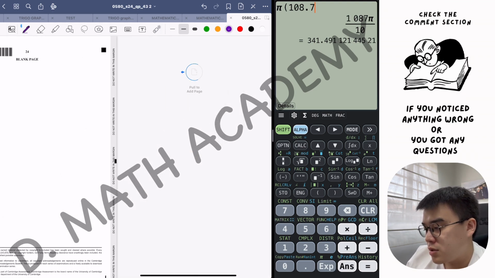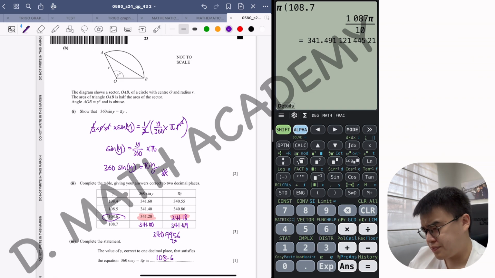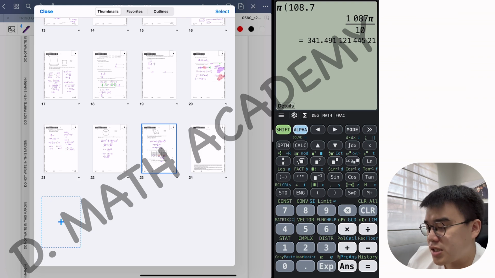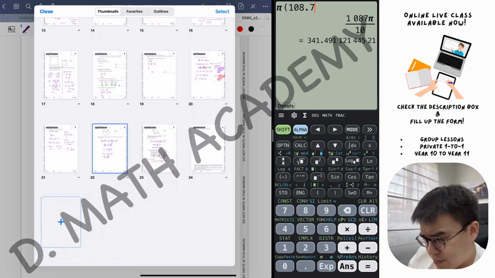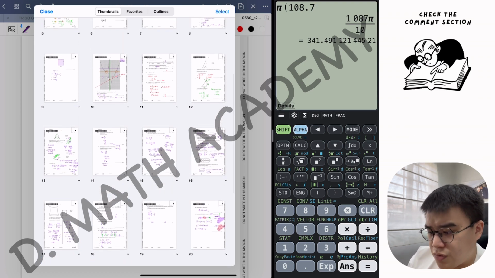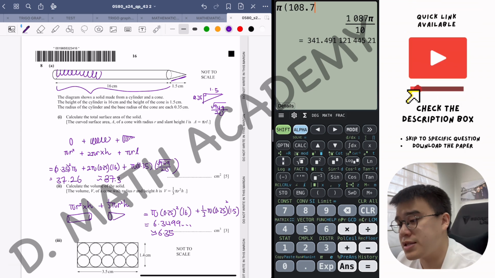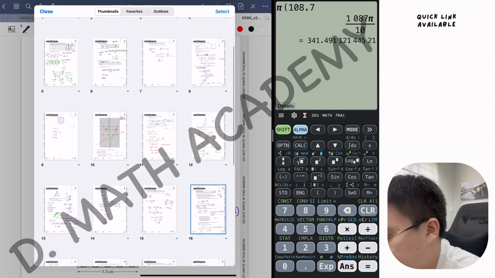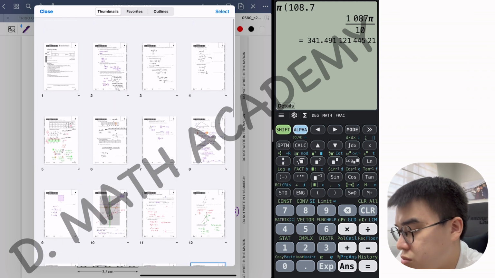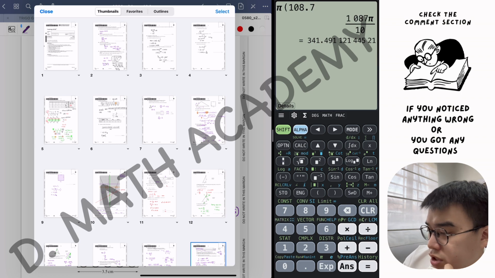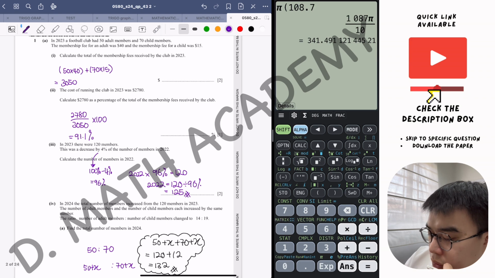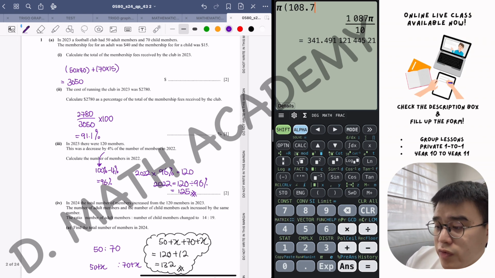Okay, that's pretty much it. So for this paper, the question that I think would be slightly challenging is the entire question 11. Other than question 11, questions that students might potentially struggle with will be question 8, and also question 1, number 4, some students might get stuck over there.